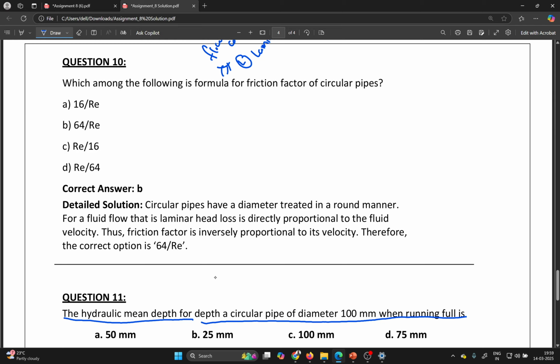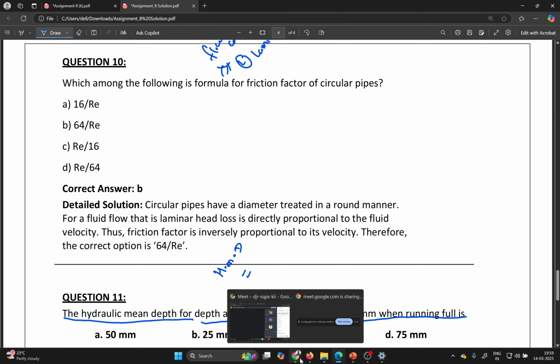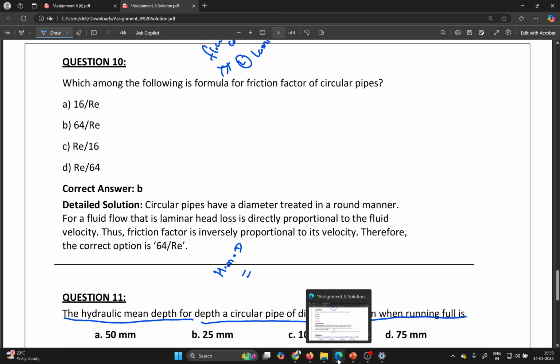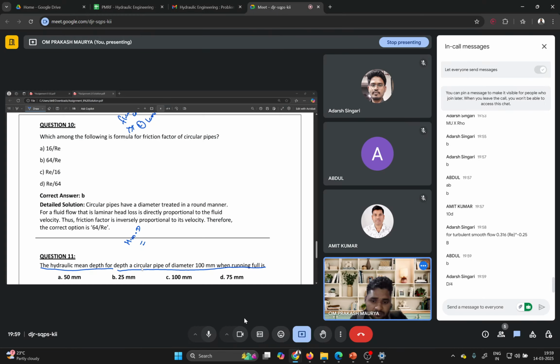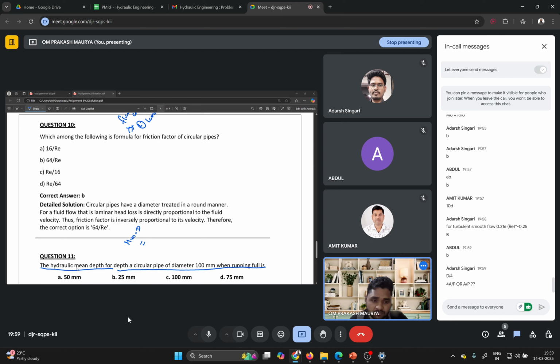So here you need to calculate the hydraulic mean depth. Which option will be correct? D by 4. Okay. But what should be the value? Okay, a bit confused. Let me just show you.